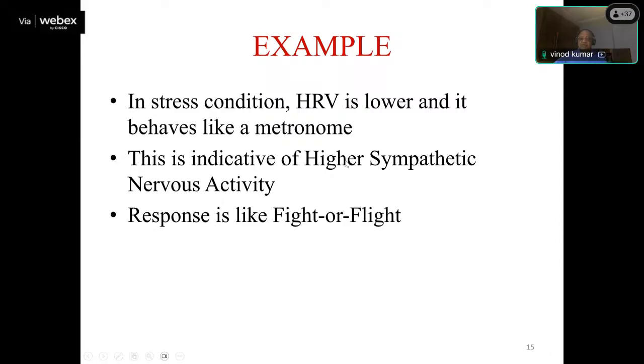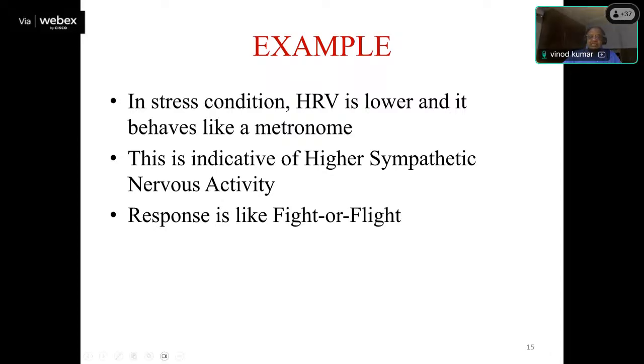I discussed with you, I told you that we have autonomic system where we have sympathetic and parasympathetic. Higher sympathetic indicates that heart rate variability is lower, and a person is under stress condition.